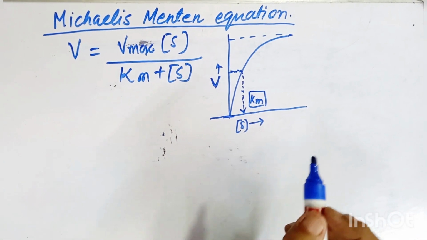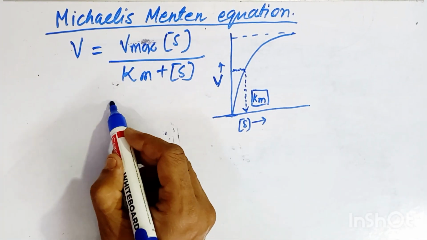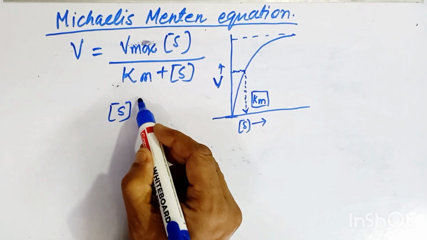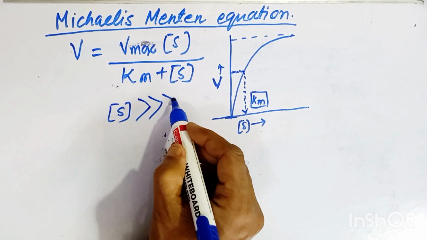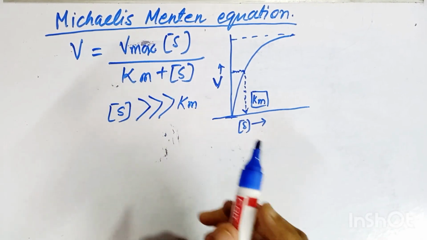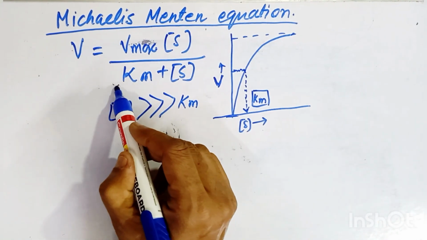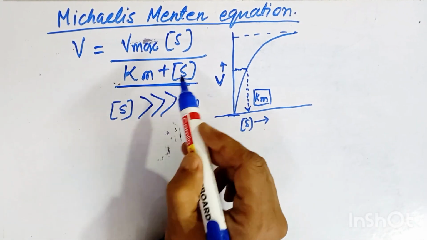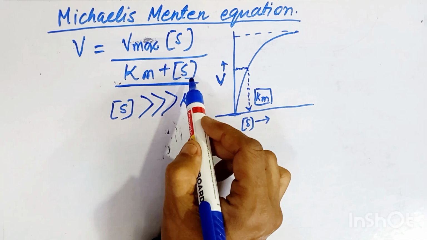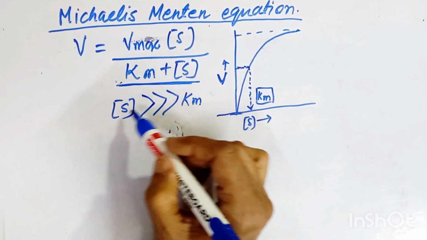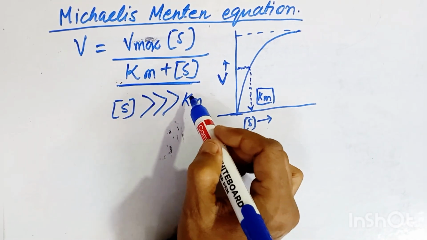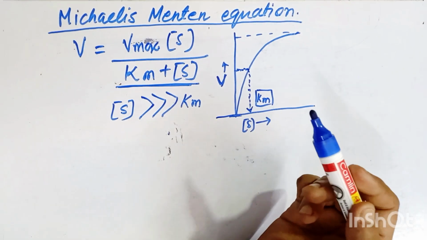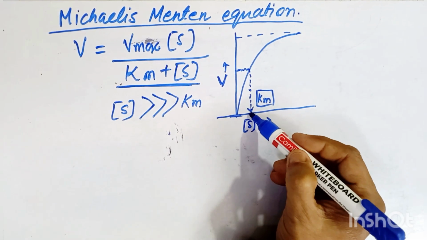Suppose I take a substrate concentration in a test tube which is much more than Km. So the denominator of this equation, Km plus S, we can write it because the substrate concentration is much more than Km at very high substrate concentration. Km is just this substrate concentration.